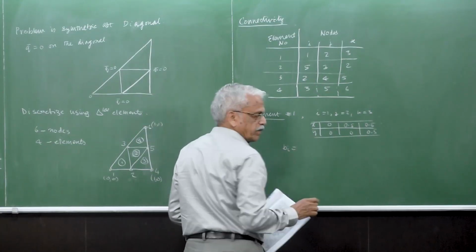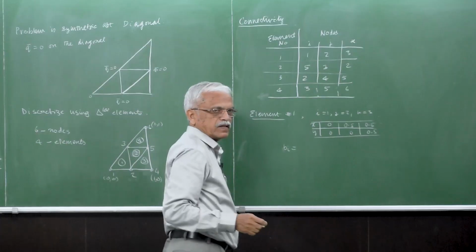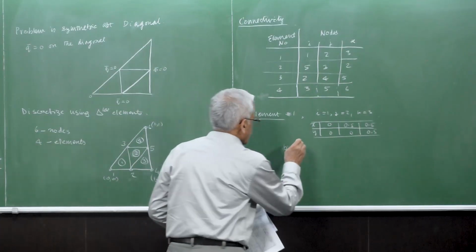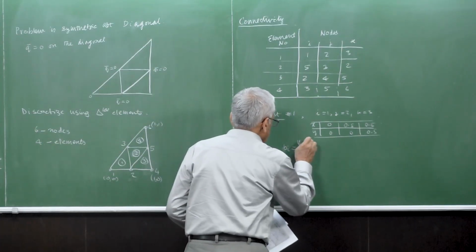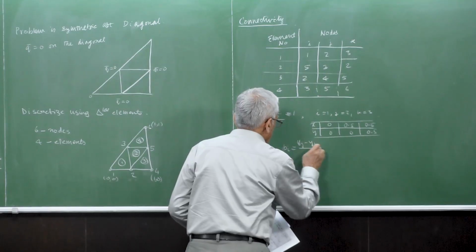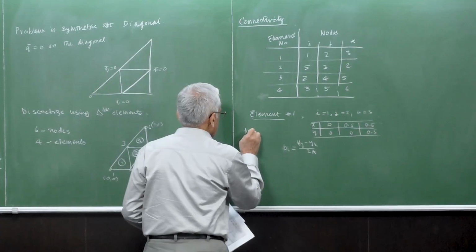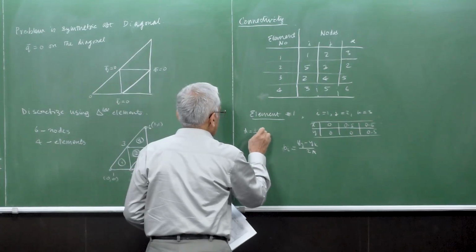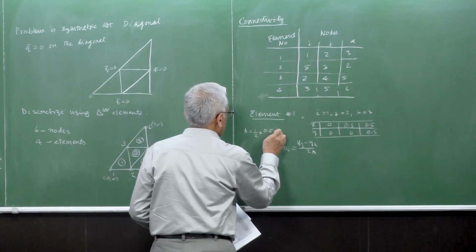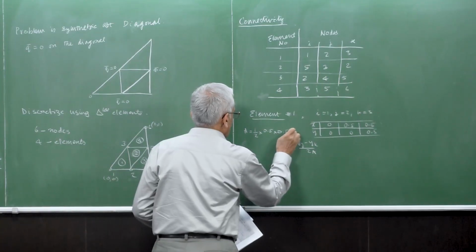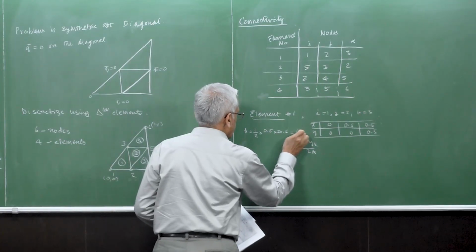You calculate. Bi has been given to be Yj minus Yk by twice area. In fact, area here is nothing but half, 0.5, is 1 by 8.